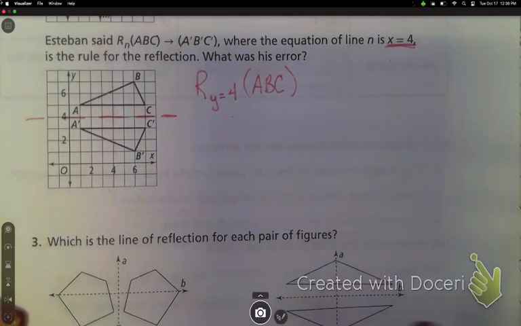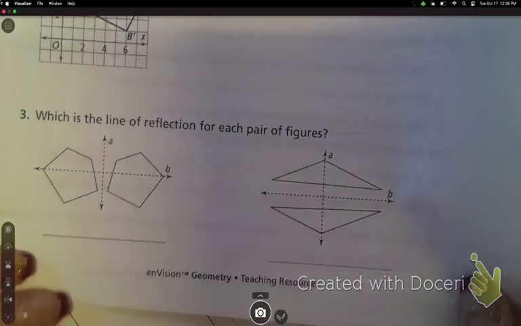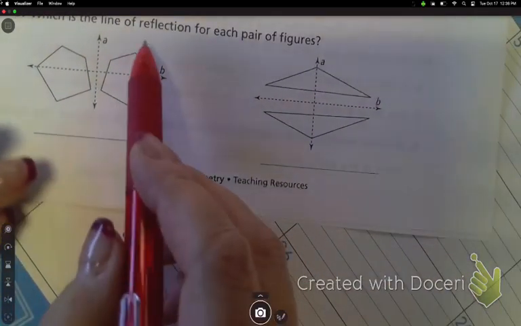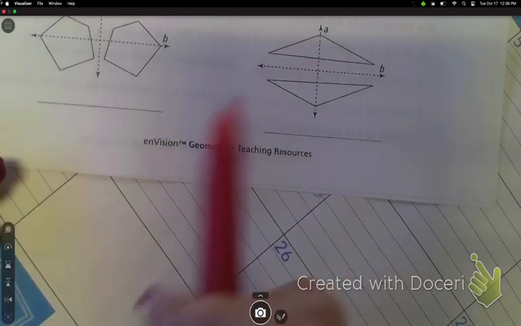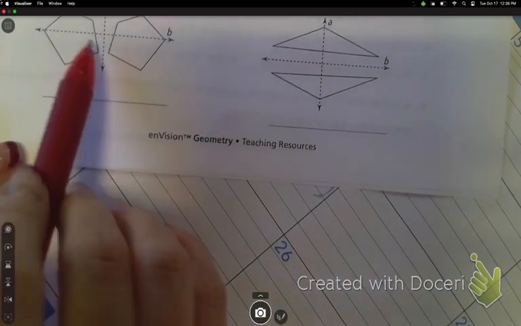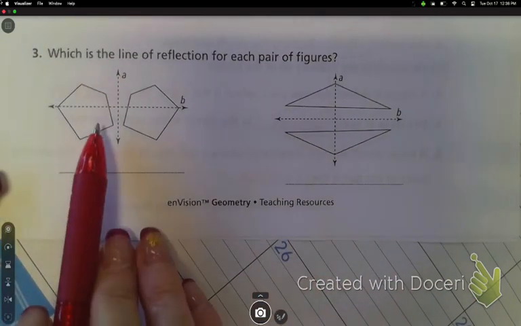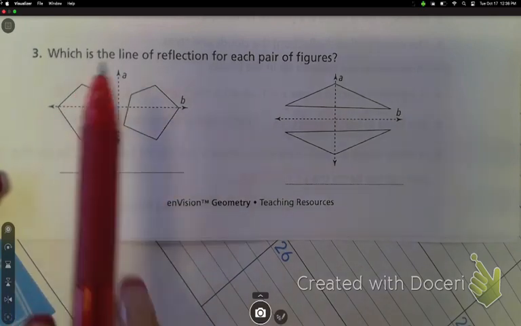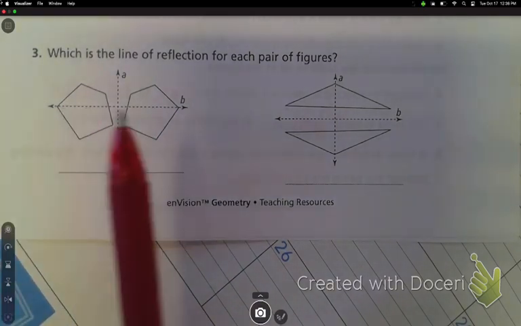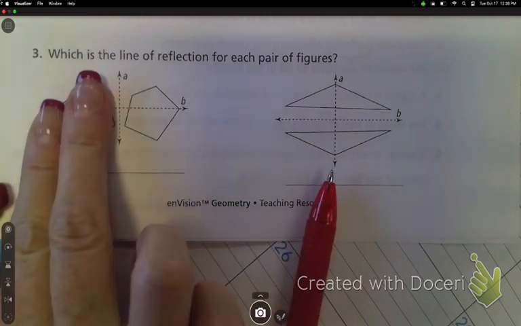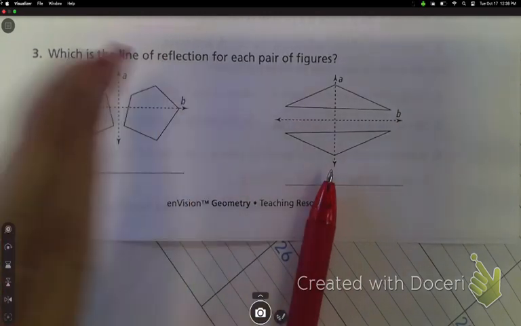Okay. So on the bottom, which is lines of reflection? Is it A or B? For the first one, it's A since it's directly in the middle. Well, it's because the shape is what? Reflected, yes?